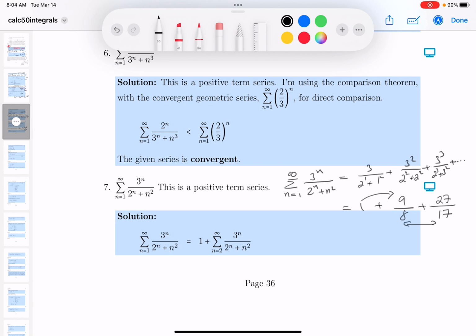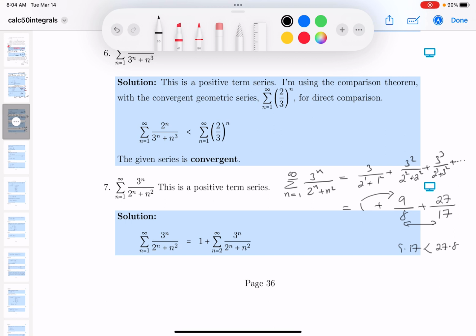It's 9 times 17 and 27 times 8. 9 times 17 is 90 and 63, 153, and 8 times 20 is 160, so it's bigger. It looks like it's going up.